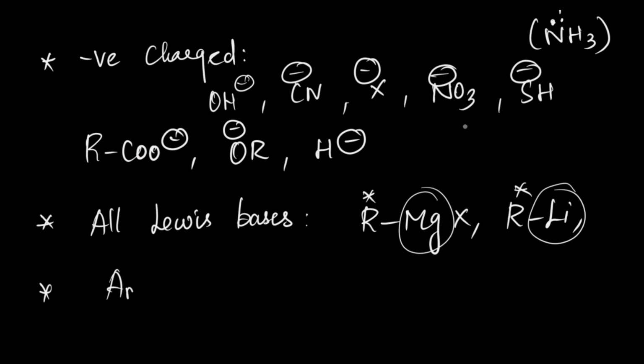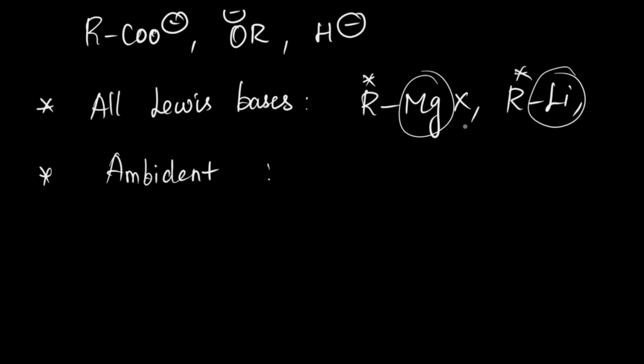So these become the electron donors. Okay. The third type is the ambident nucleophile. What is that? Ambident, we talked about that. Those are flexible. Ambident nucleophiles are ones which have two electron-rich centers. Is it possible? Yes, it is. Say for example, I have CN minus.